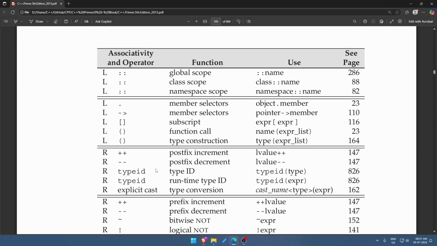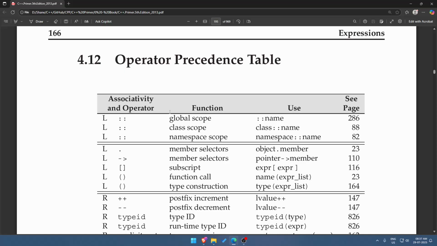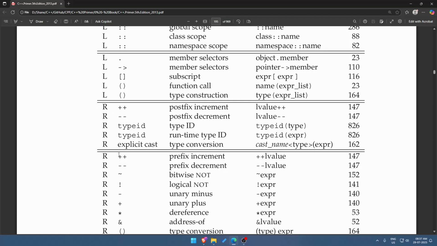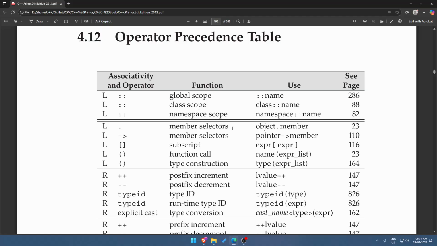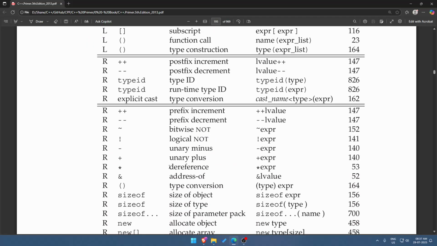Okay, so we have postfix, these are associativity, and okay, so postfix, prefix. Okay, postfix increment works on an lvalue and has higher precedence than the dereference operator.